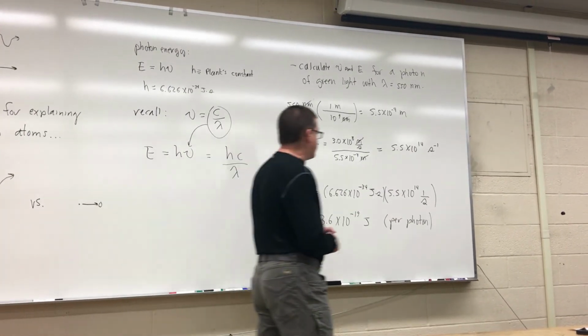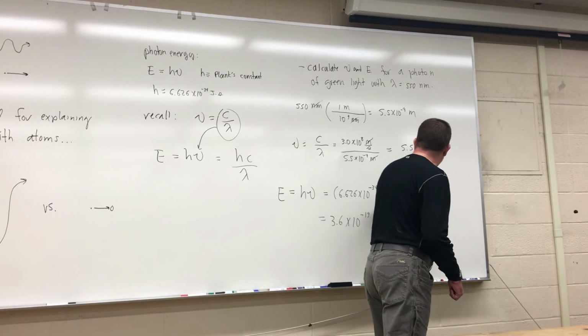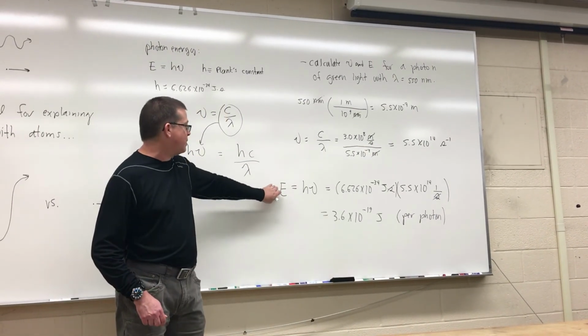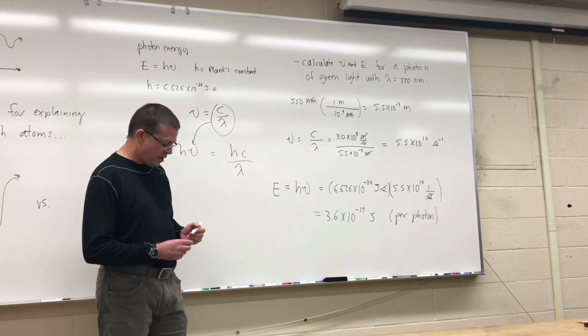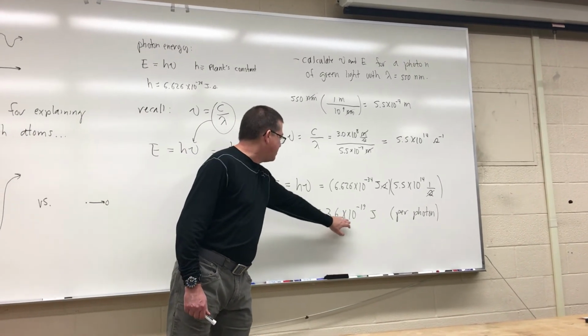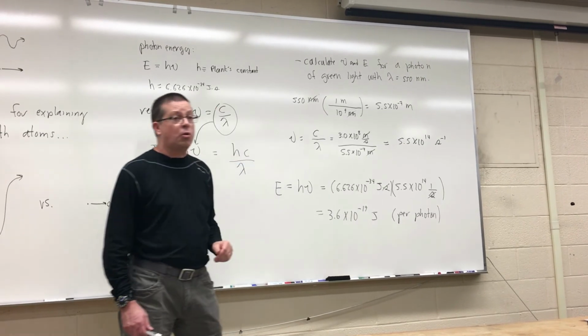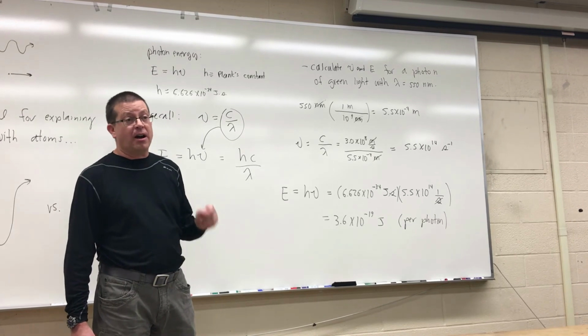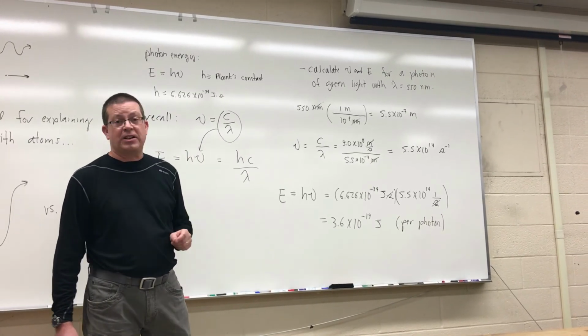We notice here that, of course, seconds are going to cancel top and bottom. I'm going to be left with energy units of joules, and that's what I should get because I'm calculating an energy. So when I do the math there, I get an energy of 3.6 times 10 to the minus 19th joules. And keep in mind, that's the energy per photon of green light at 550 nanometers.